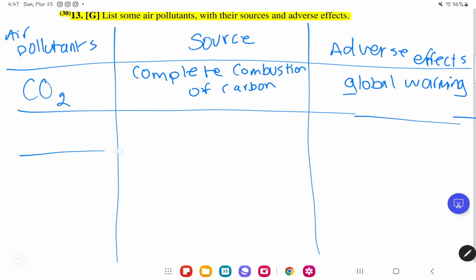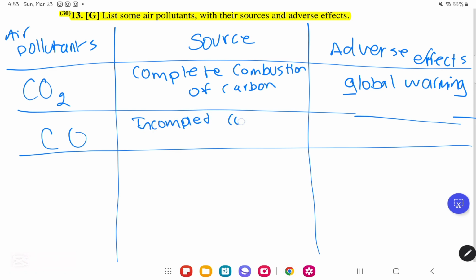Then the second air pollutant we have is carbon monoxide. It's made by the incomplete combustion of carbon, and an adverse effect of it is that it is toxic.